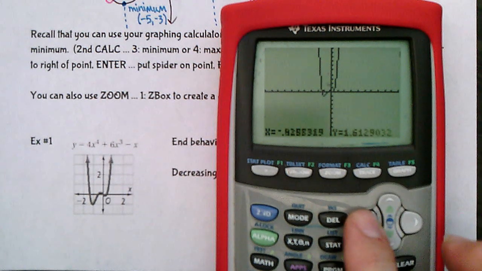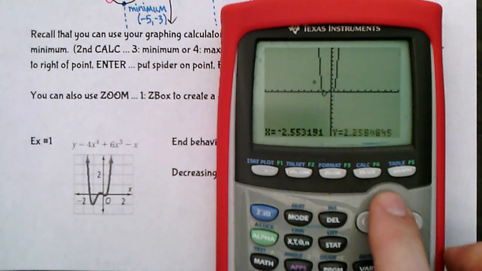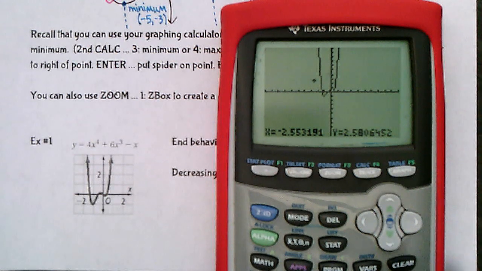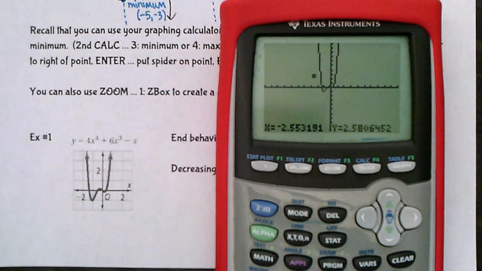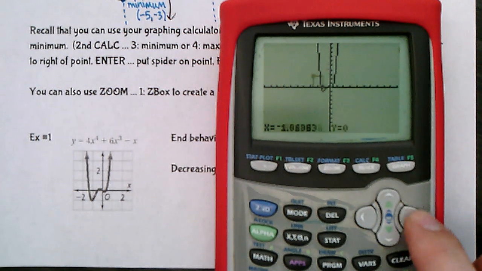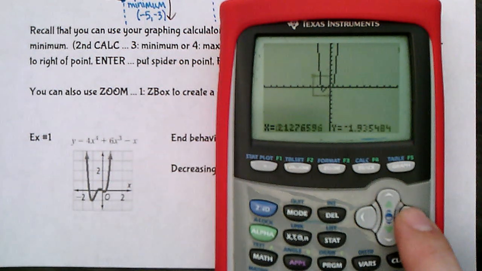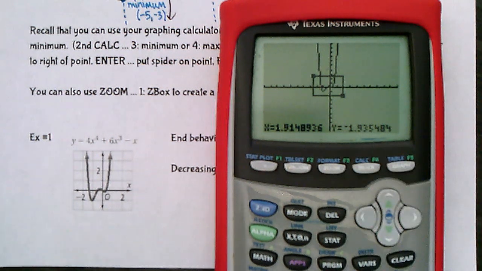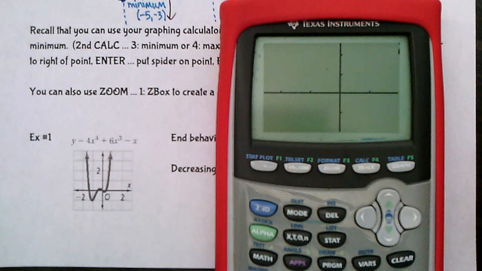It gives me a little plus sign that acts like the corner of my window. So I put my plus sign where I want it, I hit enter, and then I open that box up by using my arrow keys until I have everything inside the box that I want to see, and then I hit enter again. That's going to zoom in to really let me see where those maxes and mins are.